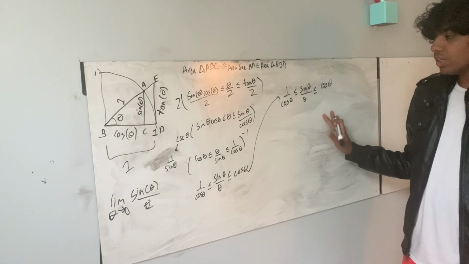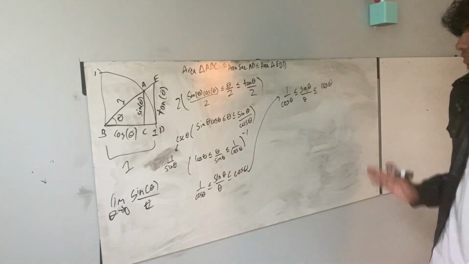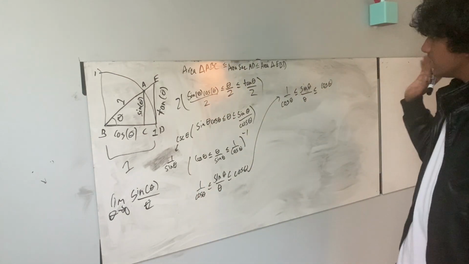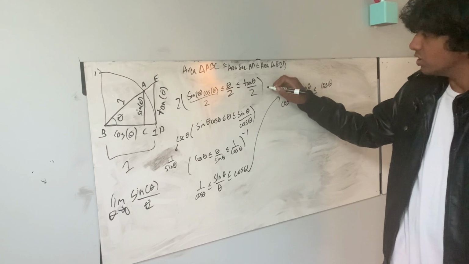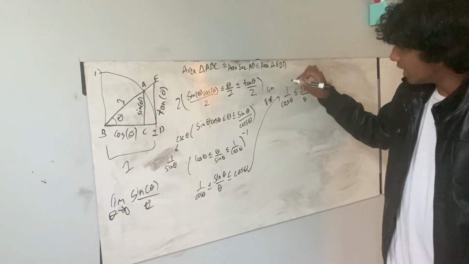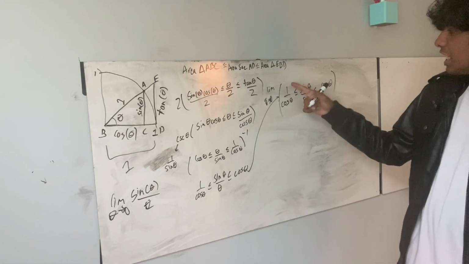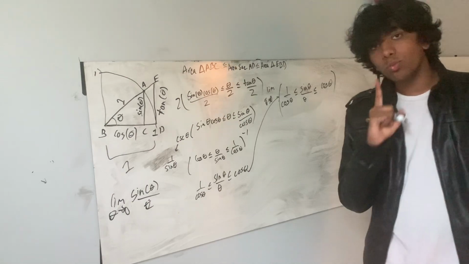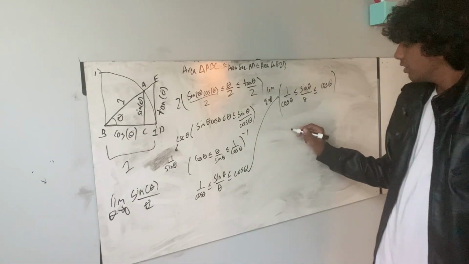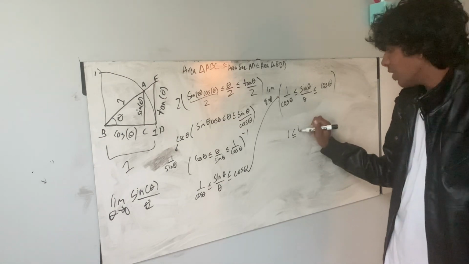Now we need to remember that we're trying to take a limit. We're not trying to set up some inequalities with sine and cosine. We're trying to find a limit. So let's take the limit as theta approaches 0 of the entire expression. Okay, 1 over cosine of 0 is 1, because cosine of 0 is 1. So 1 is smaller than or equal to whatever we're trying to find here.